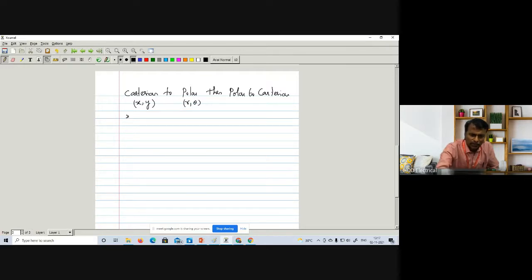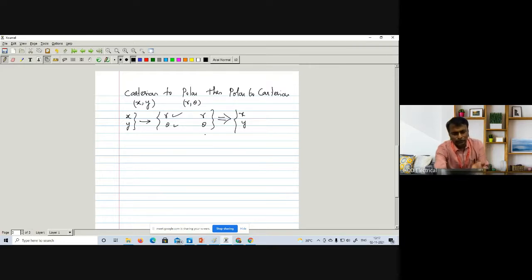So now we have to convert the x comma y variables in terms of r. From this x and y, we have to find out what r is and what theta is. Then once we know r and theta, we convert that into x and y. That means if you know x and y, how do we find r comma theta; if you know r comma theta, how do we find x and y. So for that, first let me take the explanation of Cartesian to polar coordinate system.